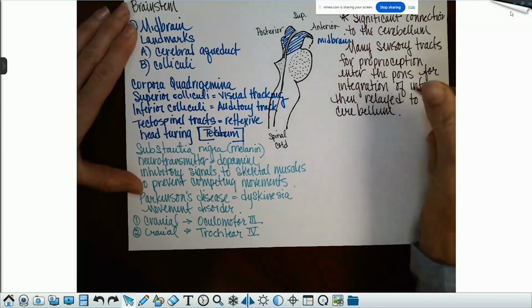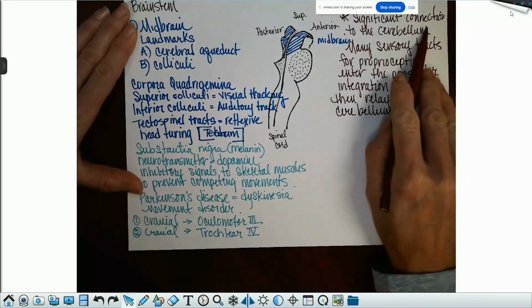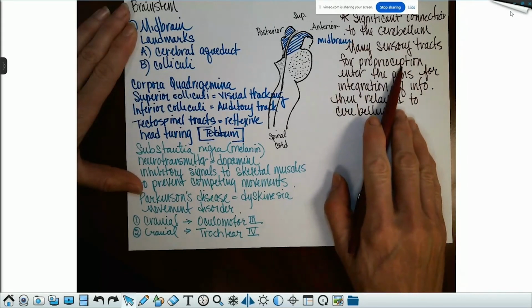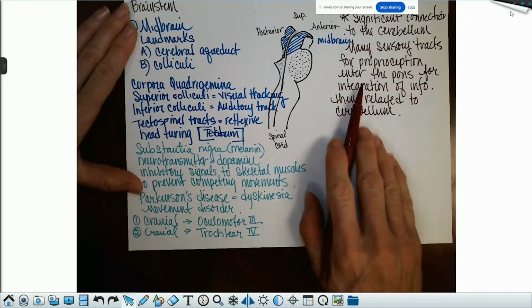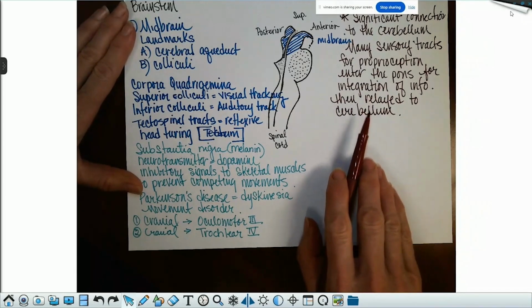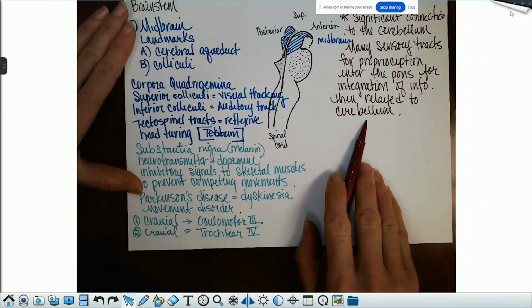Okay, so significant connection to the cerebellum. This is why. Because so many sensory tracts for proprioception have to come in here. They integrate their information in the pons and then go on to the cerebellum.